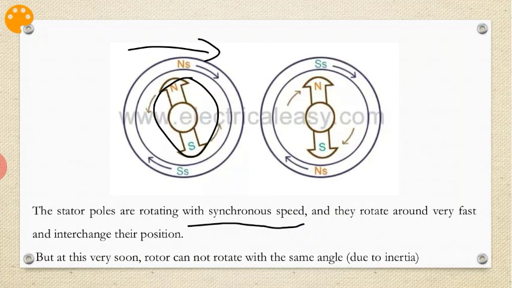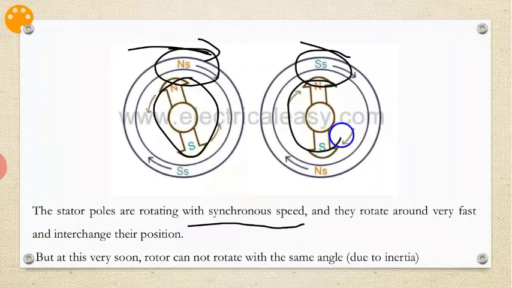They rotate very fast and interchange their positions. So every half cycle the poles are interchanged. Here, in the first half cycle and next half cycle, the stator poles are interchanged. Assume two poles here, so they interchange, whereas the rotor poles are stationary, they remain in the same position.